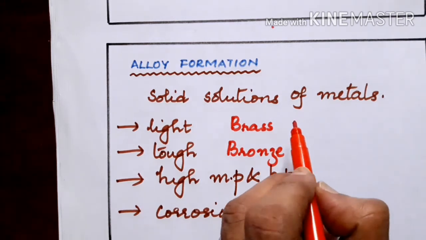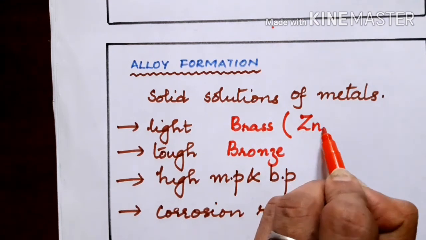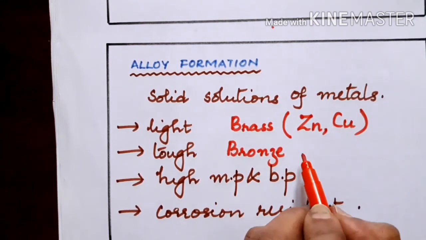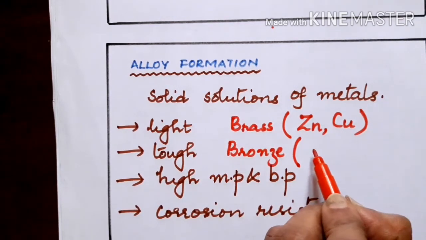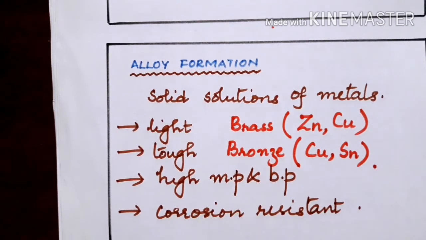Components of brass are zinc and copper, whereas bronze will have copper and tin as its constituents.